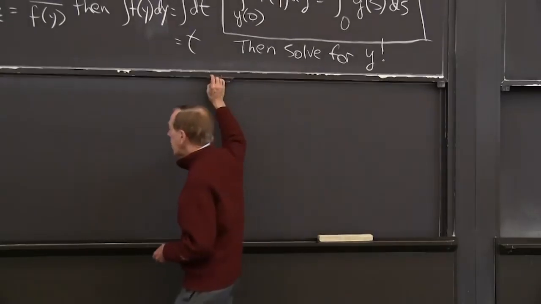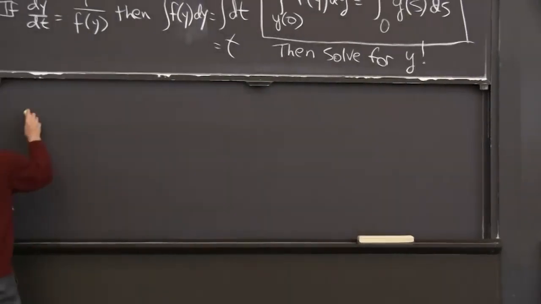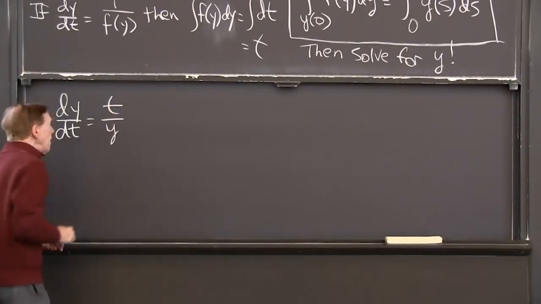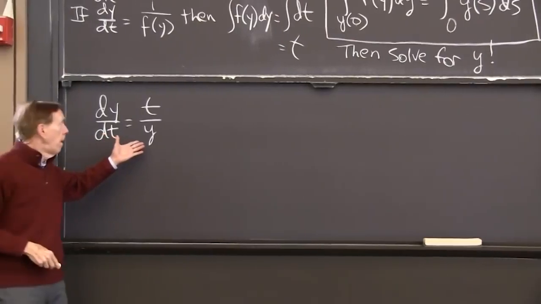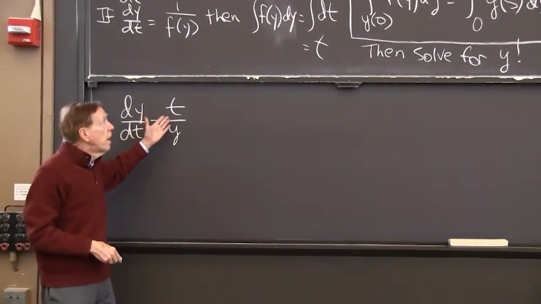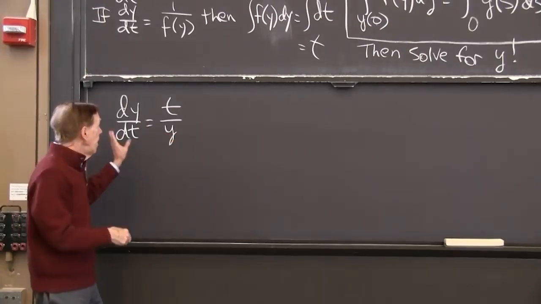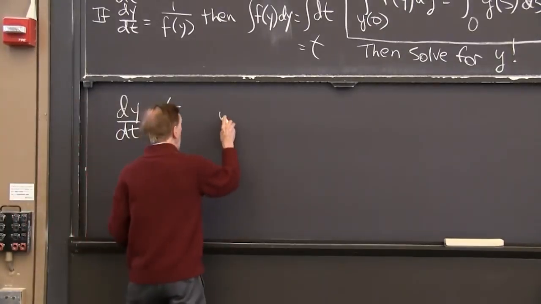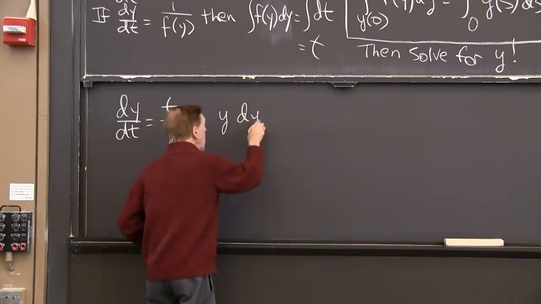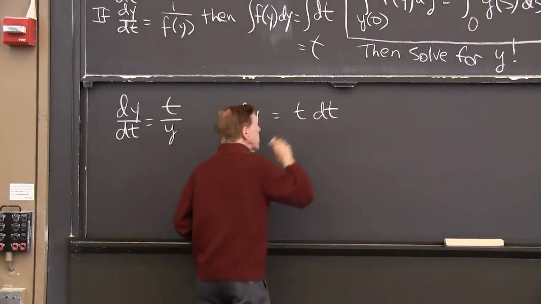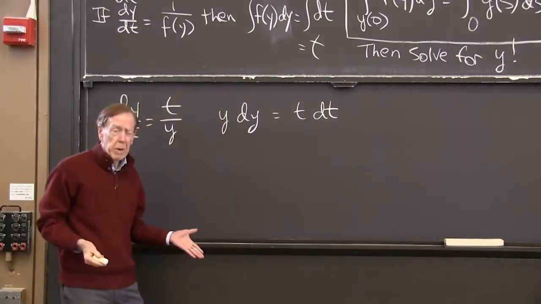So let me take the equation dy/dt equals t over y. Clearly separable. The function g of t is just t, f of y is just y. I combine those to y dy equaling t dt. You see, I've picked a pretty straightforward example.